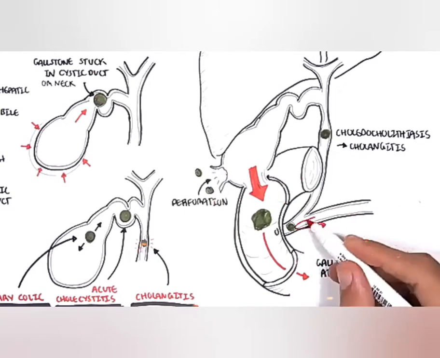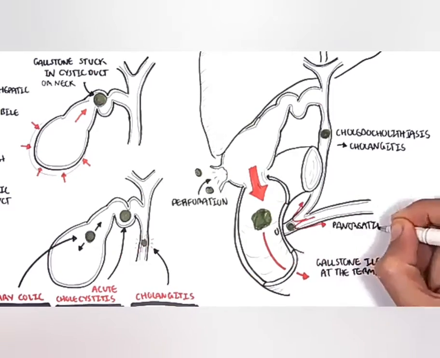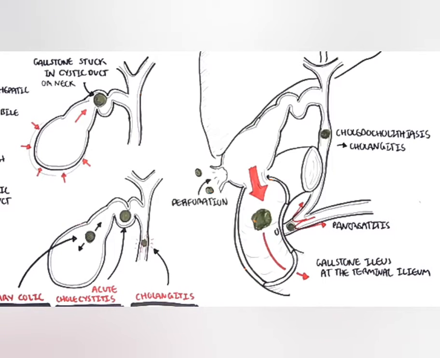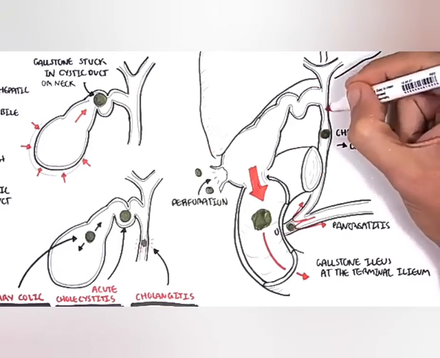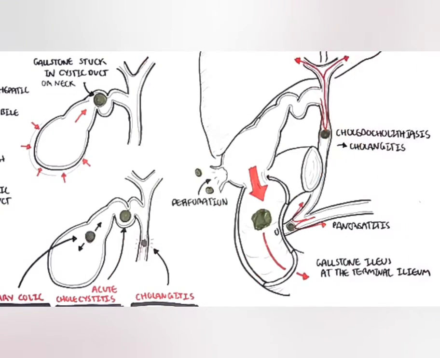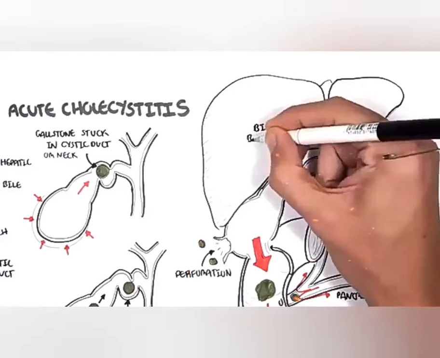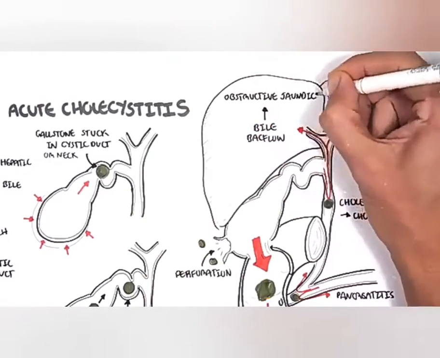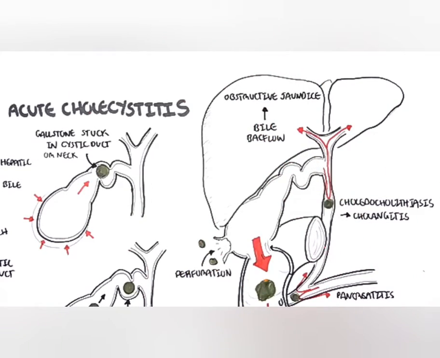Gallstones can cause pancreatitis if they obstruct the passage of contents from the pancreas into the duodenum. Finally, obstruction at the common bile duct or above can cause backflow of bile to the liver. The bile backflow can lead to obstructive jaundice.